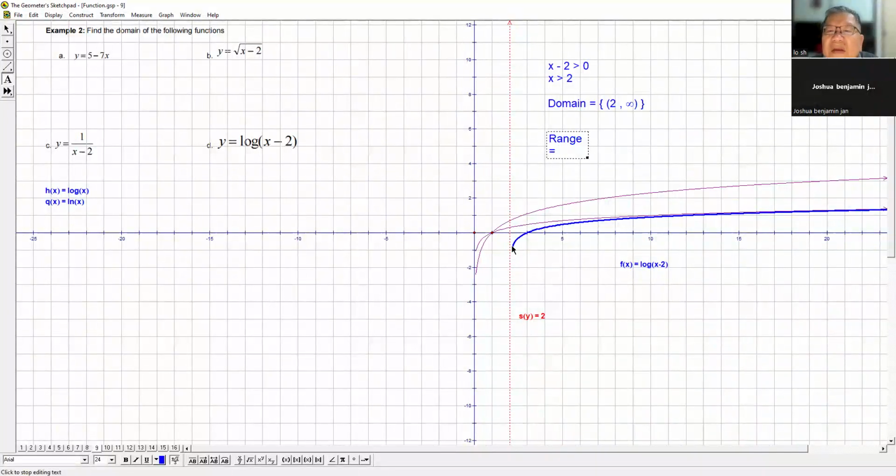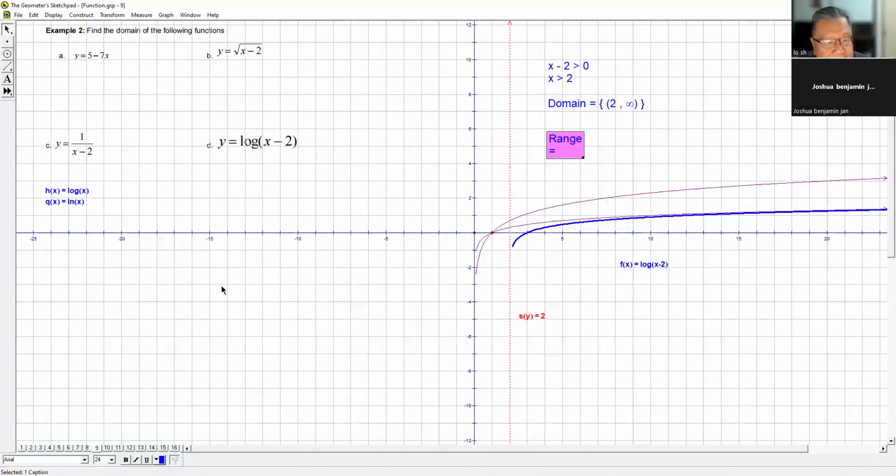You see that the end here didn't touch x equals 2, but this line actually can go further down. The graph here cannot show it going very low, but actually the log of a number can be negative.